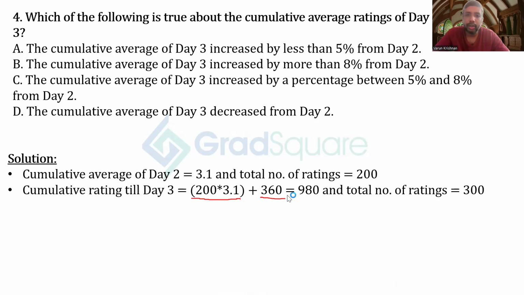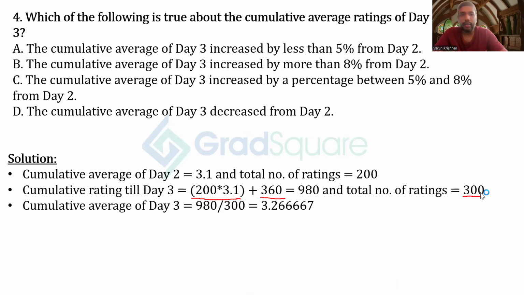If I add all of this up, this is going to be 980. And the total number of ratings till day 3, day 1, day 2, day 3 put together, is 300. 300 buyers have given ratings. So the cumulative average of day 3 will be 980 by 300, which is 3.266666, repeating.